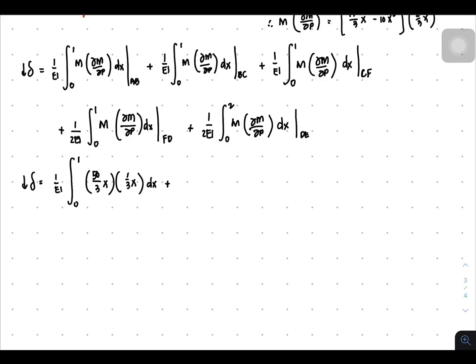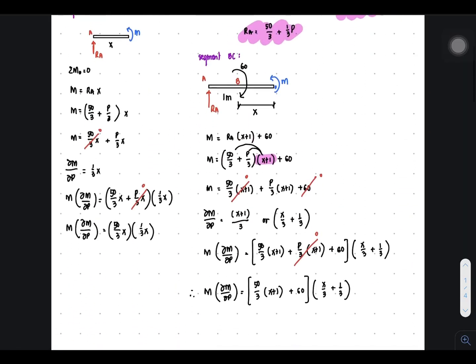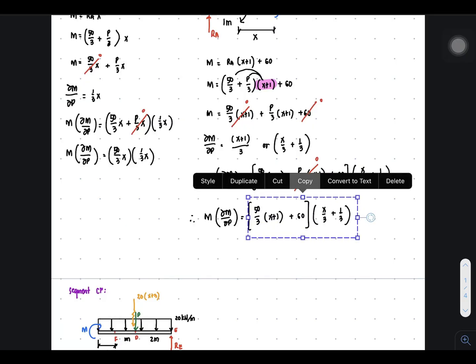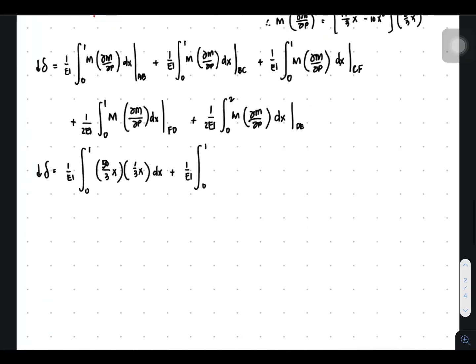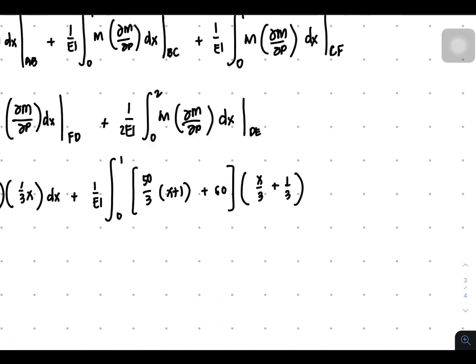Then plus 1 over EI again for BC, so this is 0 to 1 again. Copy BC. Where is BC? Here. This is for BC. You are going to copy that and paste it here. So this is dx.